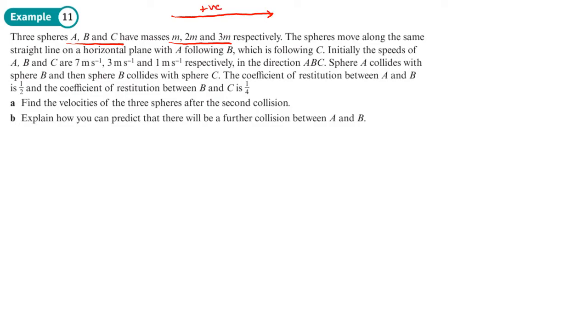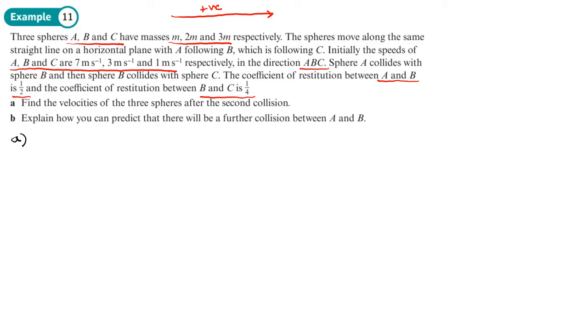Initially, the speeds of A, B and C are 7, 3 and 1 in the direction of A, B, C. Sphere A collides with B, and then B collides with C. That's the second collision. The coefficient of restitution between A and B is a half, and between B and C is a quarter. Part A, find the velocities of the three spheres after the second collision.